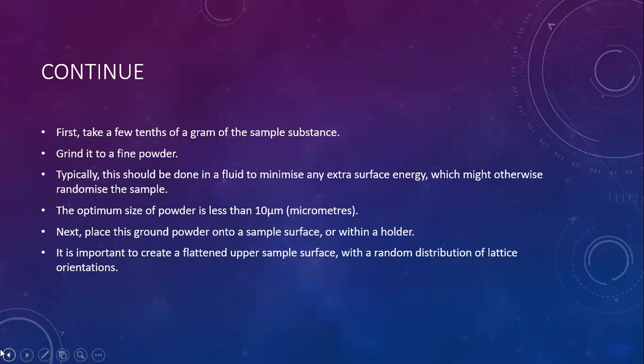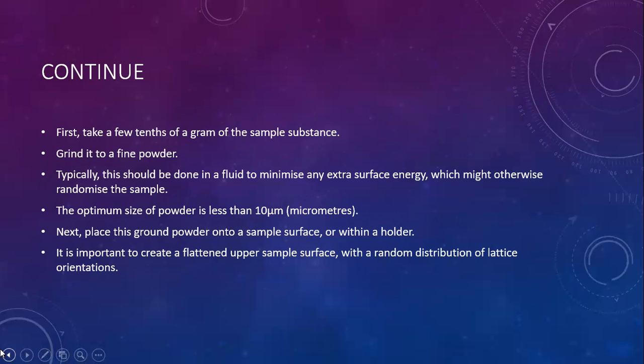Typically, this should be done in a fluid to minimize any excess surface energy, which might otherwise randomize the sample. The optimized size of a powder is less than 10 micrometers.